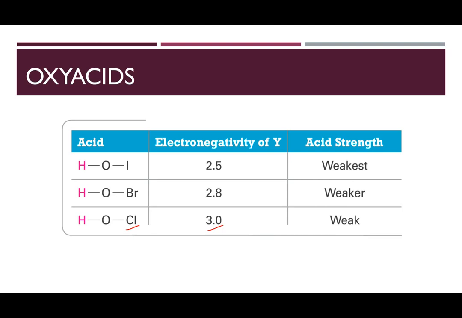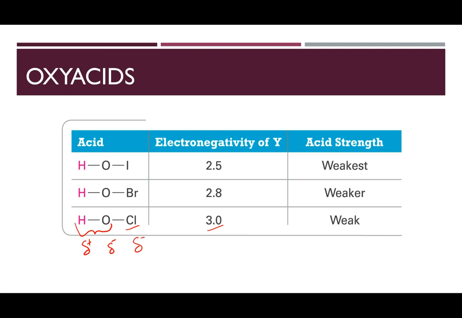What that's going to do is that's going to assist in the separation of charge between this oxygen and this hydrogen, okay? So here we're going to see a partial positive, partial negative, and over here we'll see more partial negative.